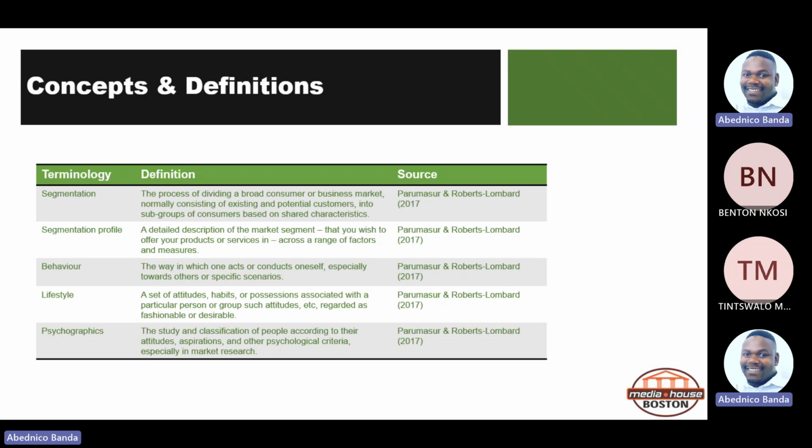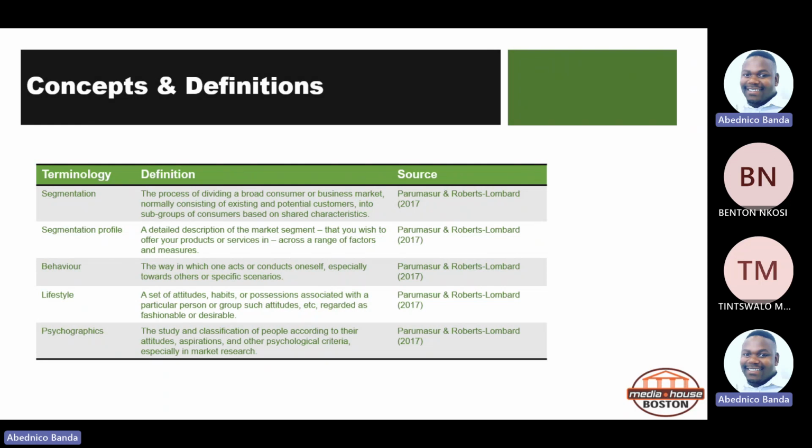Then a segmentation profile. This is something that you are going to develop on your question 3.2. This is a detailed description of the market segment that you wish to offer your products or services in across a range of factors and measures. So here you are merely having your ideal customer, your would-be, your imaginary customer.